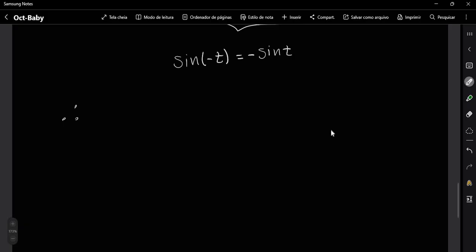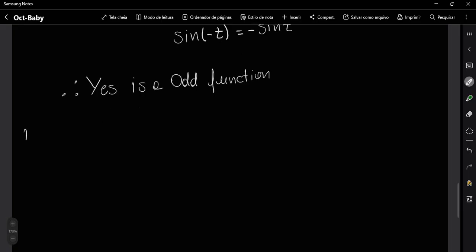So yes, okay, we got the letter b also. So the letter b asks us to show that cosine is an even function.